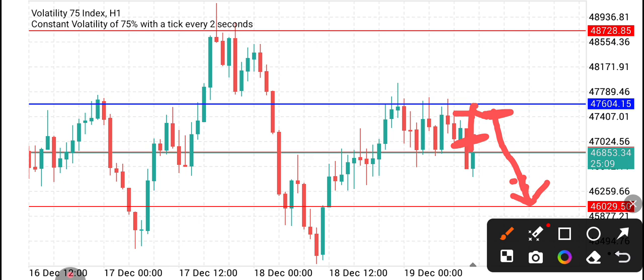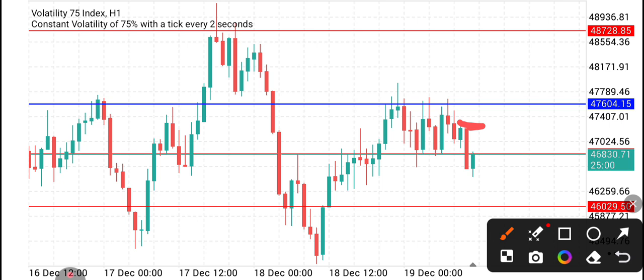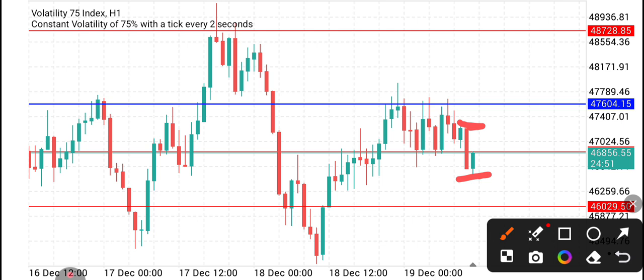It is important that we look at this particular candle, whether it changes in the next 1 hour or 30 minutes, which is the height it will get to. So we'll look at both sides for entry.